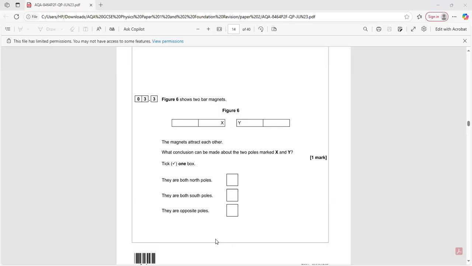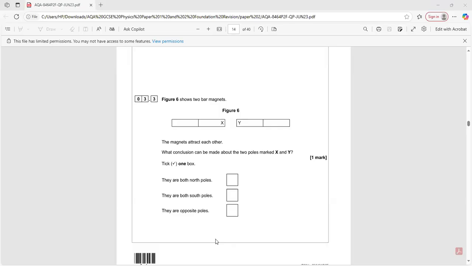That's positive and negative, in electricity. In magnetism, the equivalent is that like poles repel. That means north and north will repel, south and south will repel. However, north and south will attract.